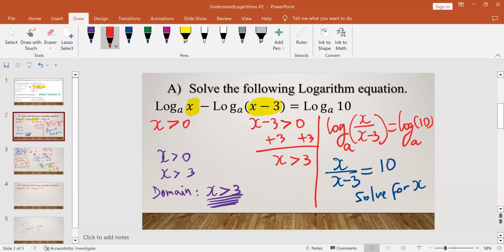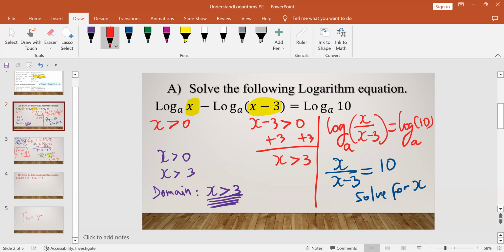So you go here, you replace x by 10 over 3 in the first log and the second log. So you do the calculation to see if that gives you the same logarithm of 10 with base a. Yeah, so that's the way you could check your solution.